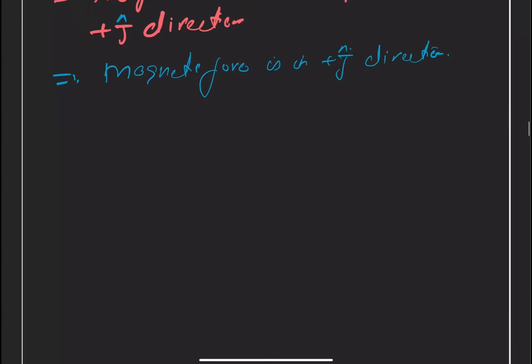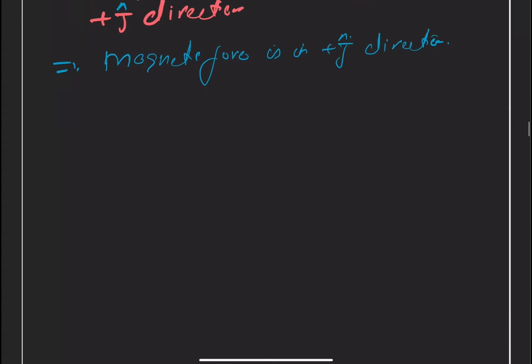And now we can use the equation that F is equal to q V cross B, and V we already know is in the i direction, and we need to find the direction of B, but we know the direction of force.